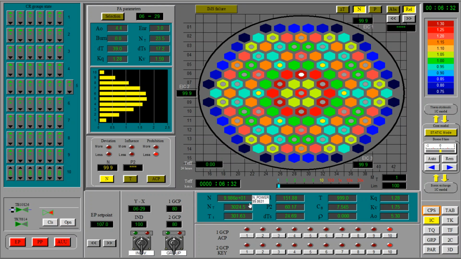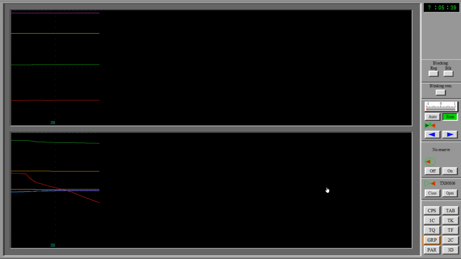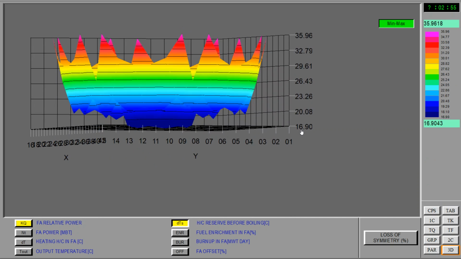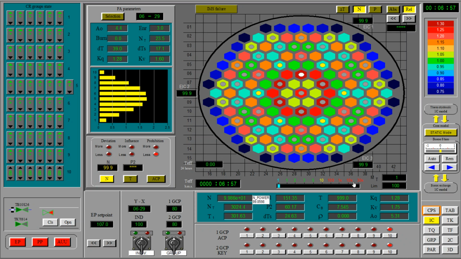So just have a look into the neutron generation. The plot looks stable. And the pressure is still going down. We're at 150 now. 16 degrees to the boiling point.